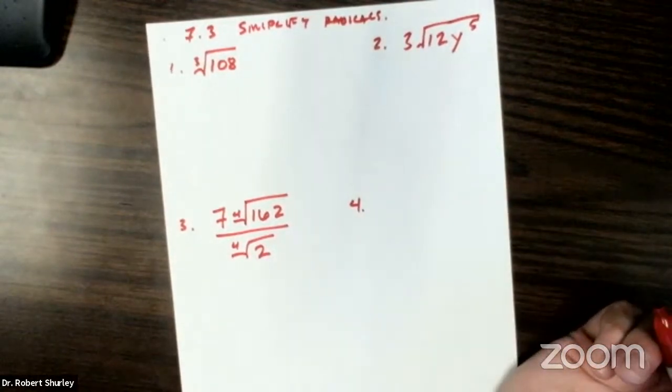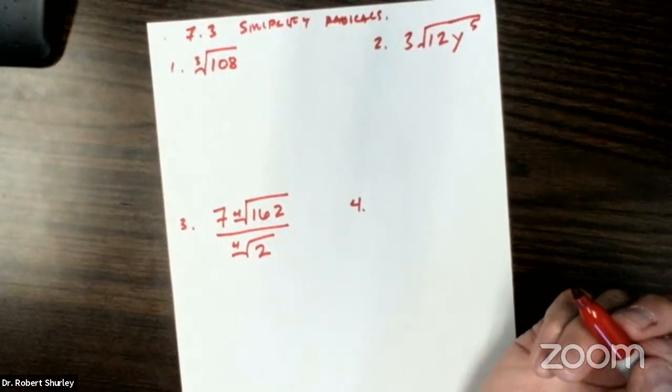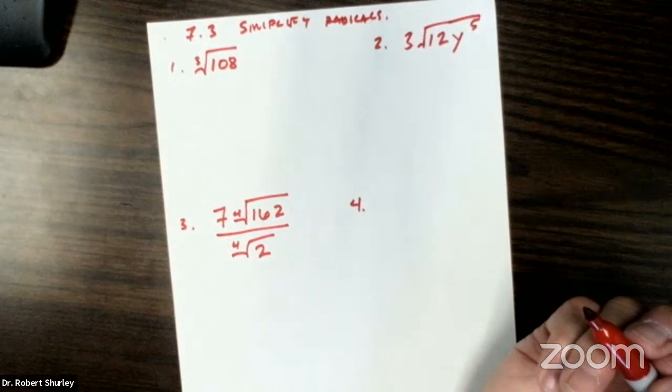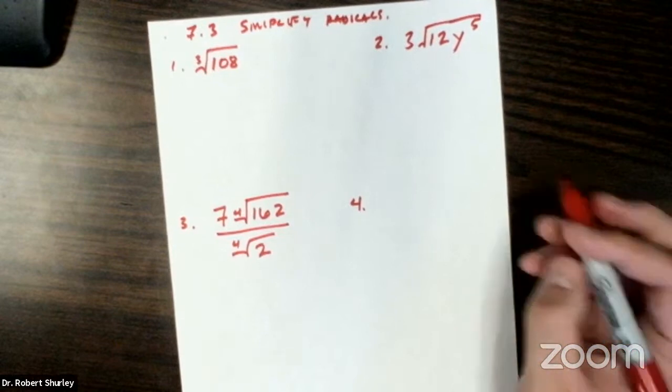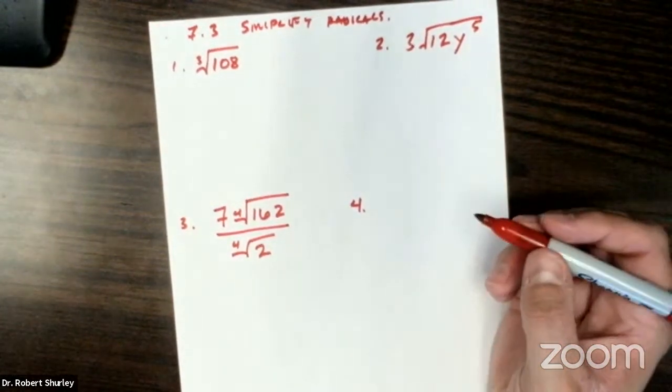We'll do one more. Let's do just 4 from this section. Yeah, we'll do one of those basic ones from the very beginning.